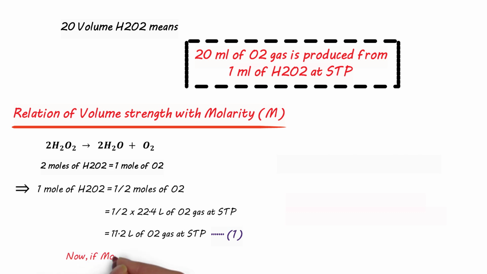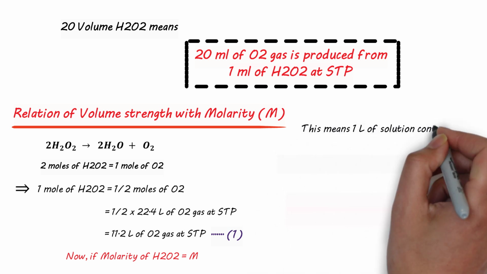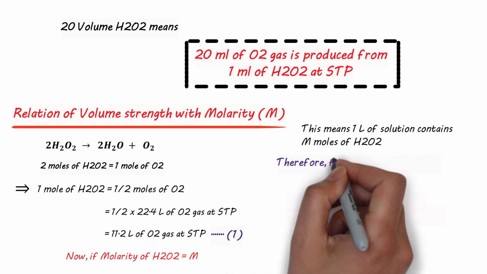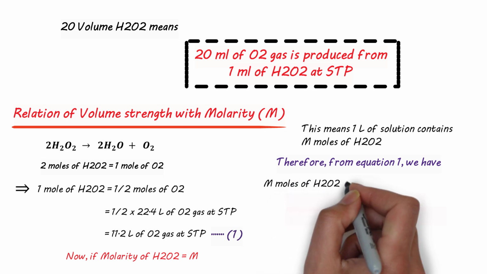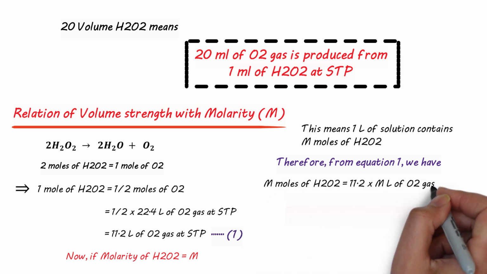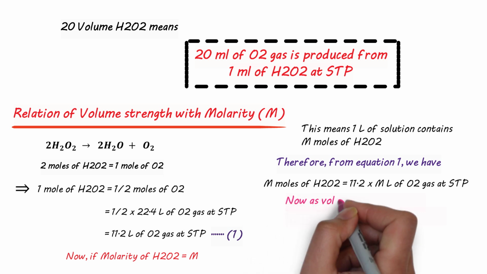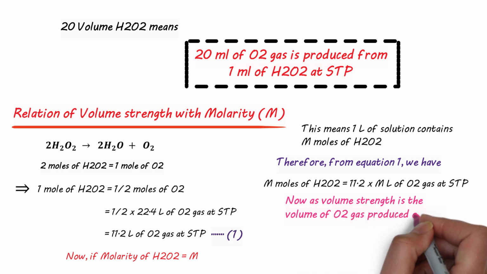Now, if molarity of hydrogen peroxide is taken as m, this means that 1 liter of solution contains m moles of hydrogen peroxide. Therefore, from equation first we have m moles of H2O2 will be equal to 11.2 into m liters of O2 gas at STP. Now, as we know, volume strength is the volume of O2 gas produced at STP.